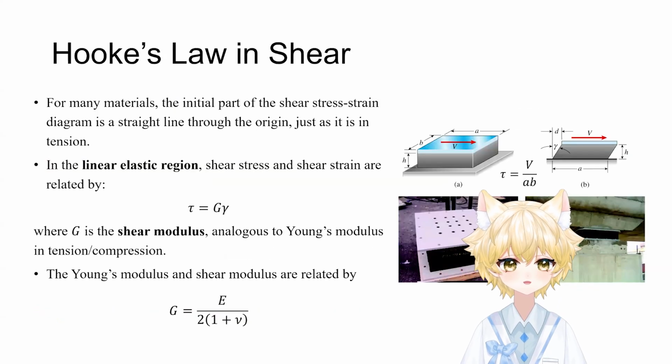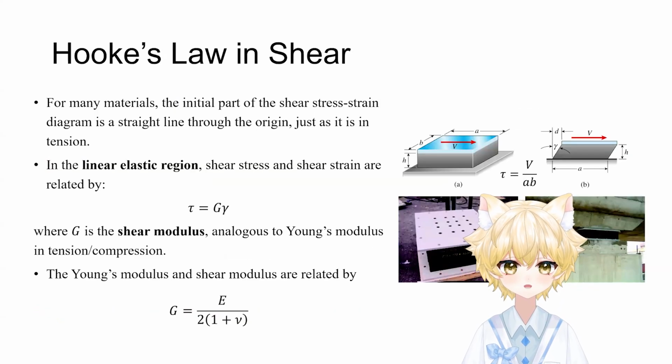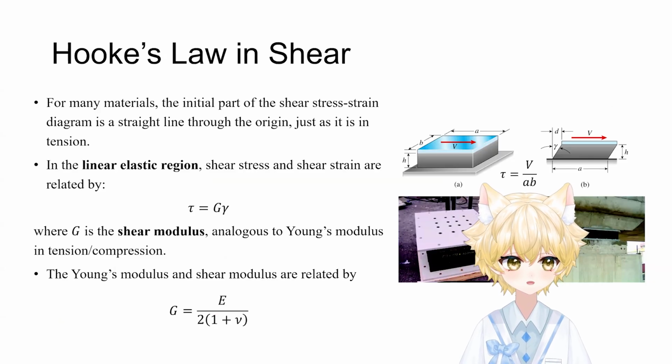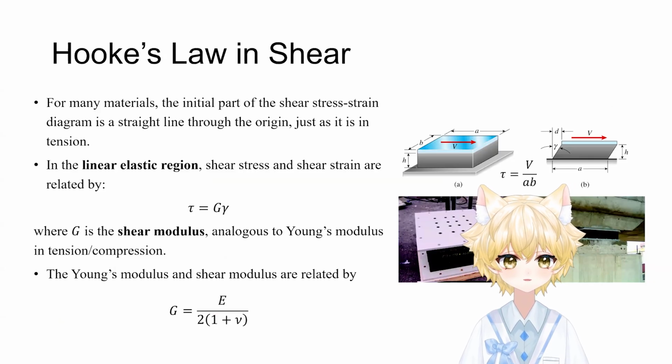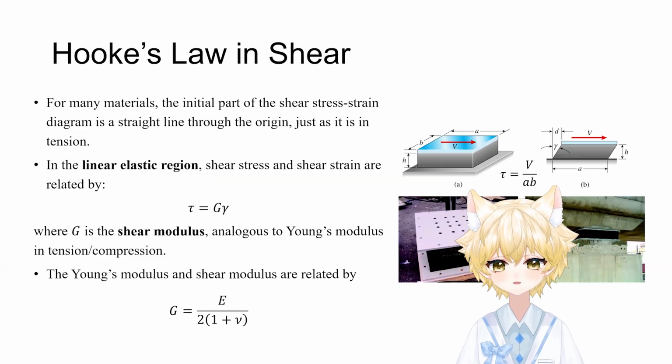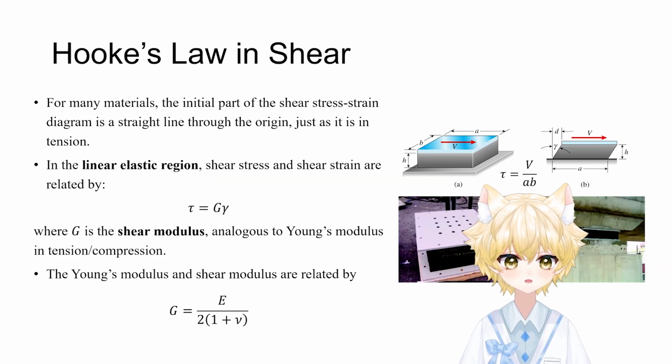Just like we saw with Young's modulus, Hooke's law also applies to shear. For small deformations, there is a linear relationship between shear stress and shear strain. The slope of that line is defined as the shear modulus G. Crucially, G isn't independent.